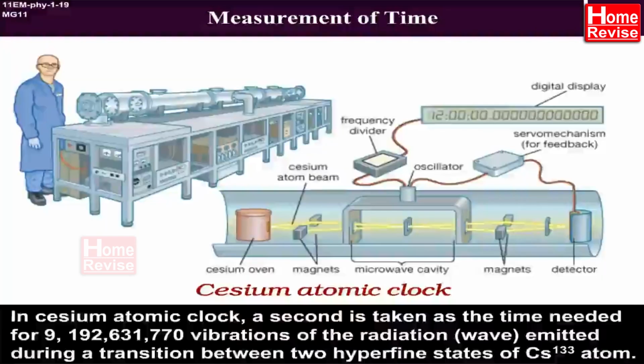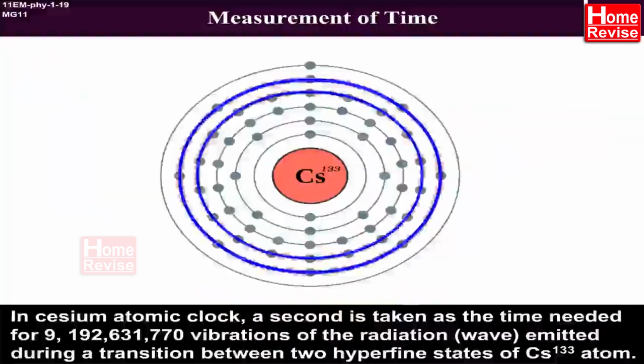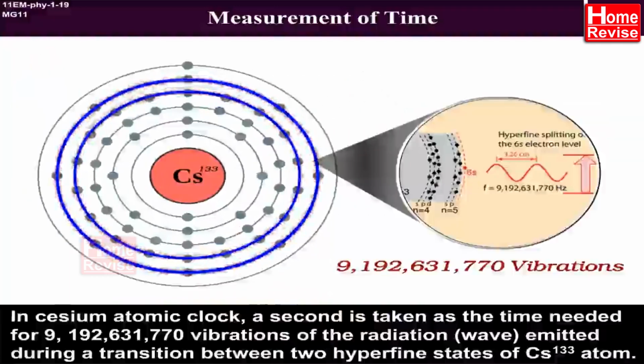In cesium atomic clock, a second is taken as the time needed for 9,192,631,770 vibrations of the radiation, that is wave, emitted during a transition between two hyperfine states of Cs-133 atom.